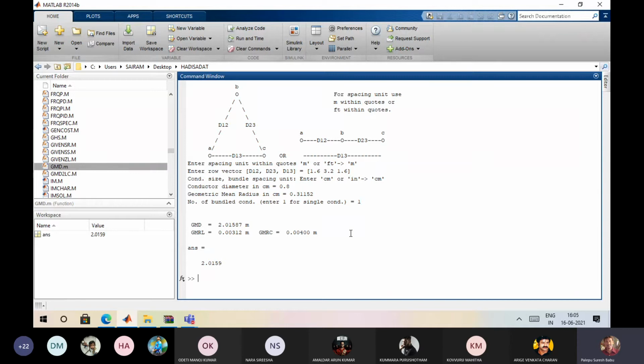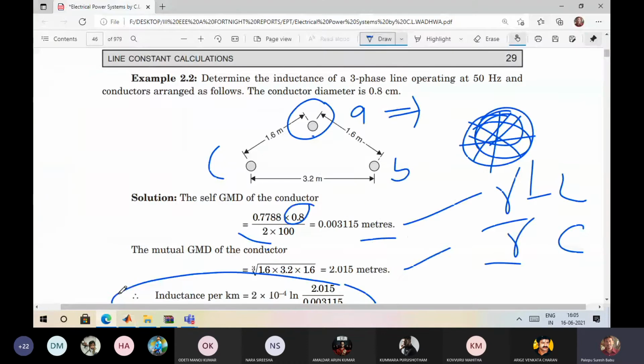The GMD is equal to 2.01587. For clarification, you can see that the GMD is 2.015 in this problem.